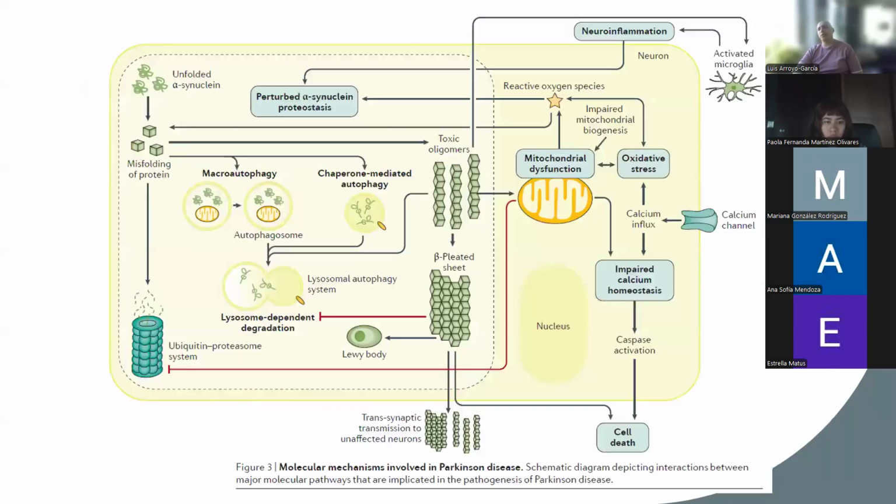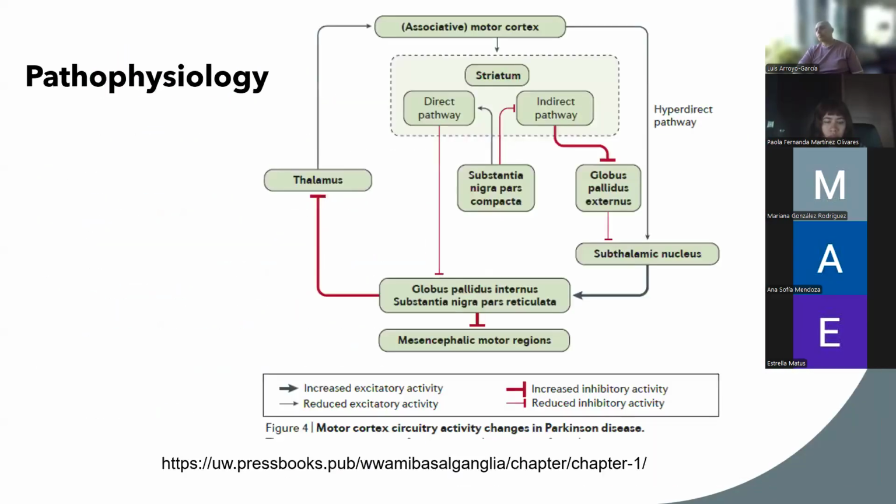So if we go back here, what we can do is artificially activate these pathways. Okay, if we put an electrode and then we activate these nuclei, then we could actually manage them.